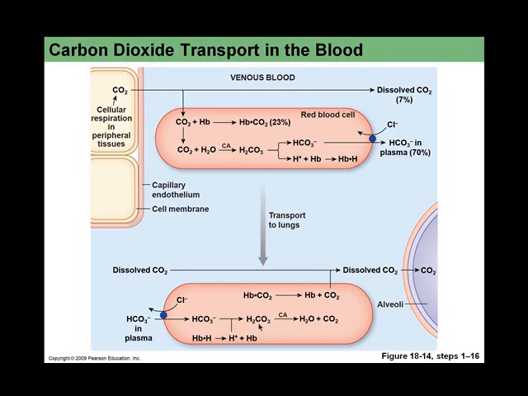As you decrease the carbonic acid, then you're going to pull the hydrogen off the hemoglobin, favor the reversal of that reaction, and consume bicarbonate to reverse this free reaction.